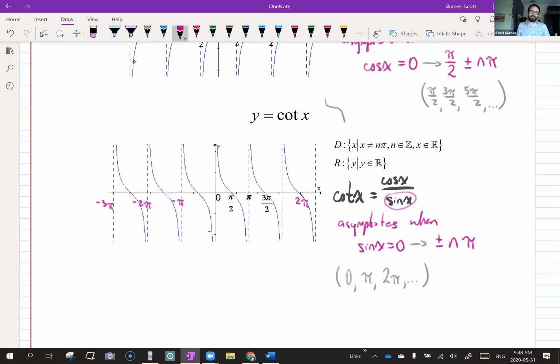Any whole number of pi will give you 0 for sine. So that's why we see the pattern that we do. You'll notice that every whole number of pi, you get these asymptotes. Negative pi, negative 2 pi, negative 3 pi. Very simple. That's a simple rule. I'll give you an even more simple rule soon.